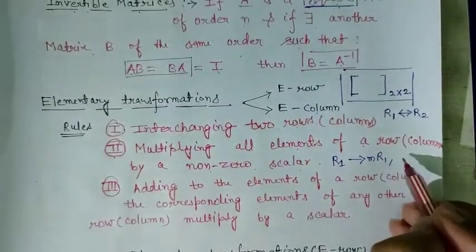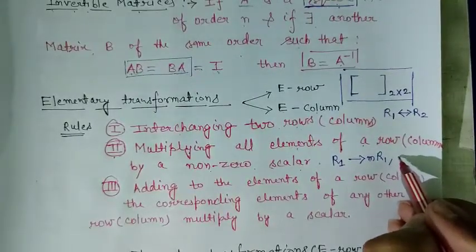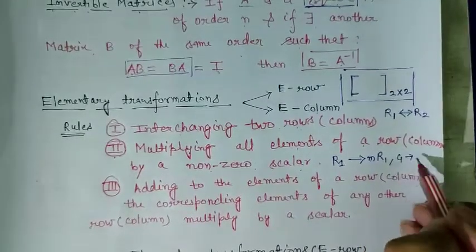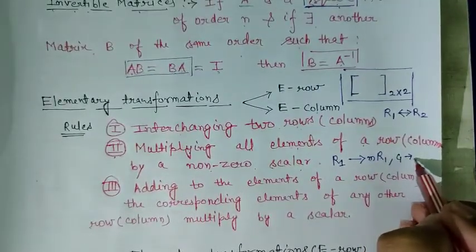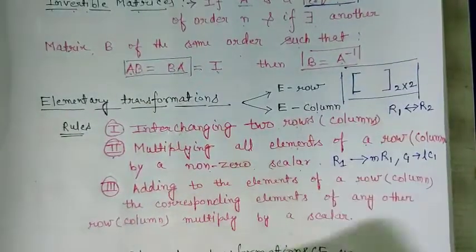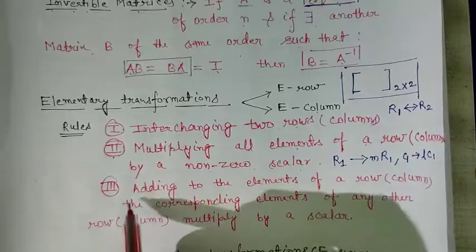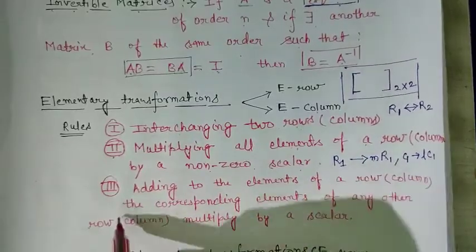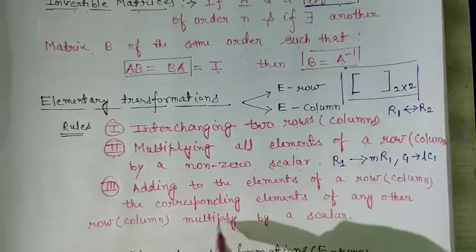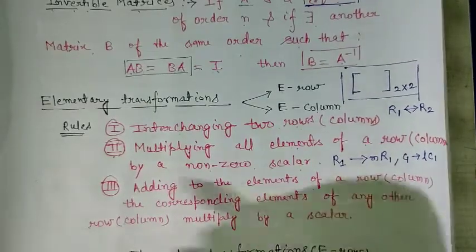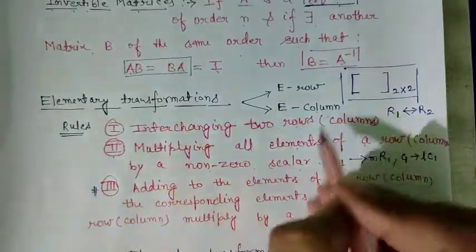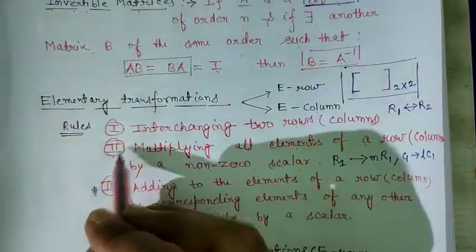Similarly, in columns I can do the same thing: I can write C1 as lC1 in that way. The third is adding to the elements of a row or column the corresponding elements of any other row or column multiplied by a scalar. This is a little tricky one, but it is a combination of the second one.